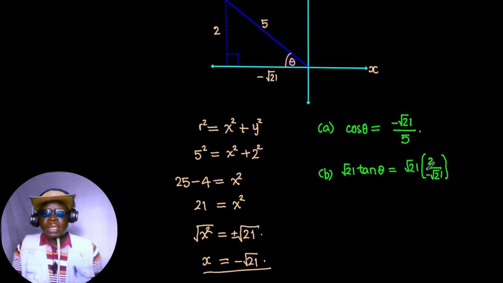So here we can see that the 21 and the square root will go with what we have here to 1. And 1 times 2 is 2, divided by negative 1 is the same as negative 2. So the solution for our second part is negative 2. And that is all for question number 2.